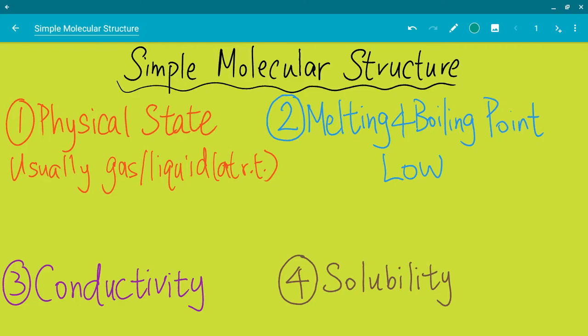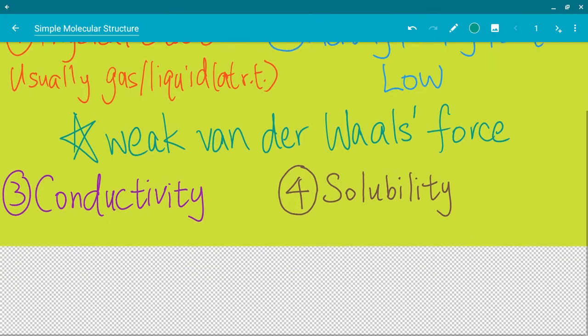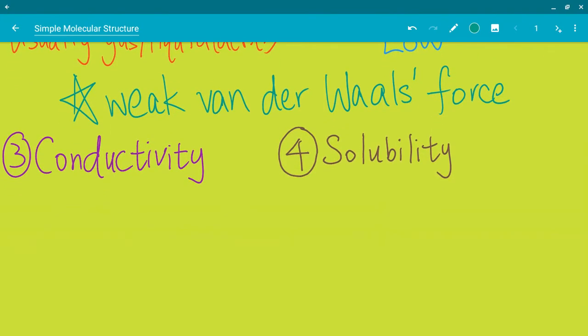Yes, due to the weak van der Waals force. How about the conductivity?